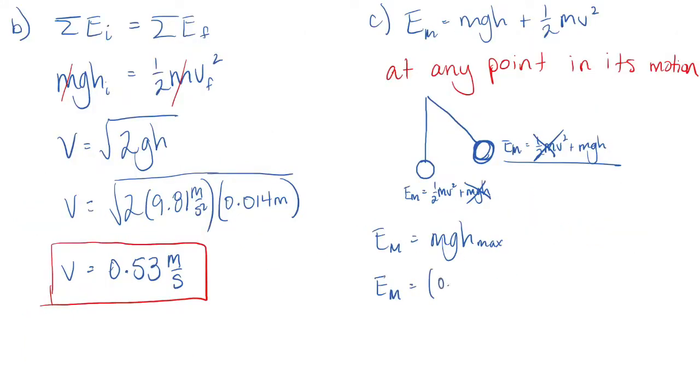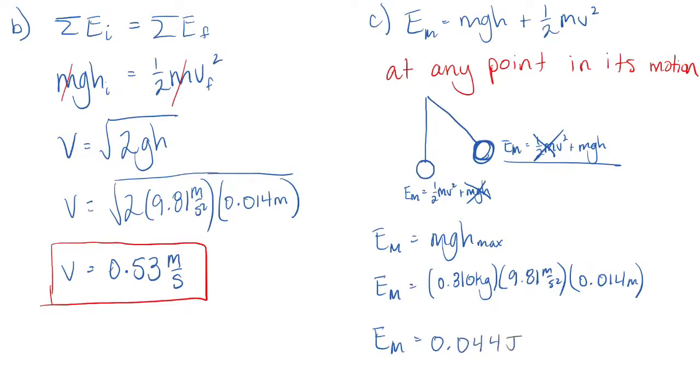Remember, we need that in kilograms, so that is 0.310 kilograms, times g, 9.81 meters per second squared, times the height, which was 0.014 meters. Okay, so my mechanical energy totally is 0.044 joules. Okay, so there we go.